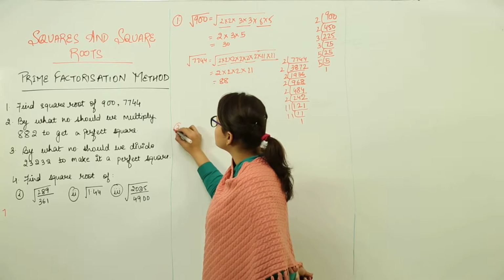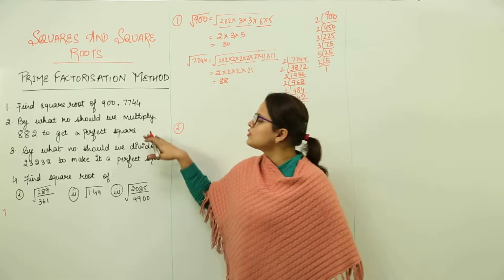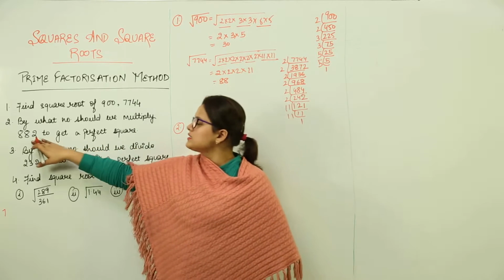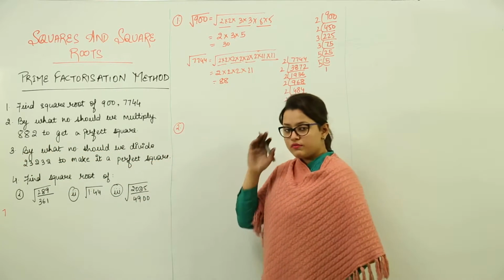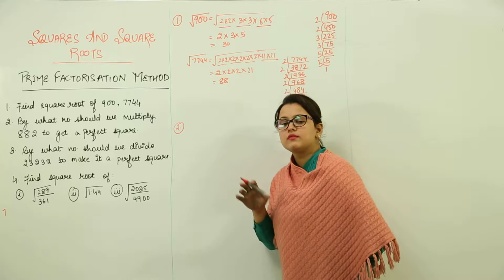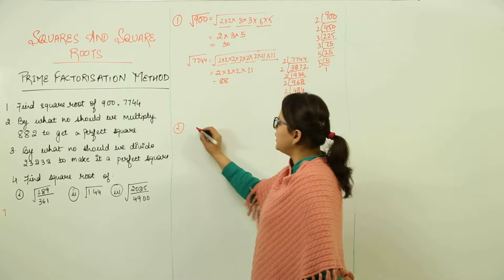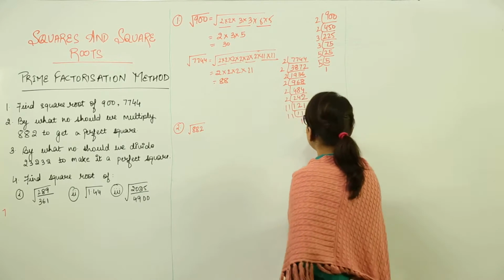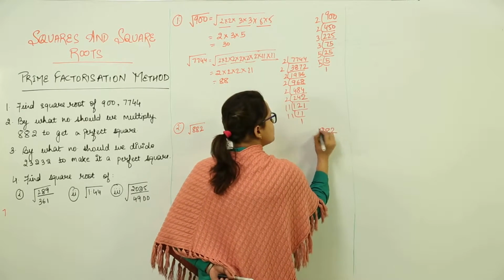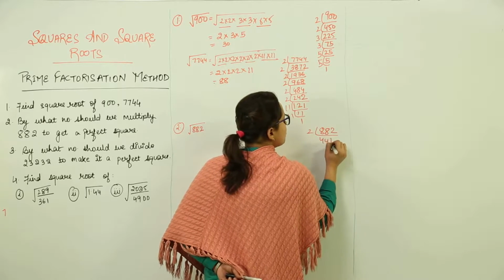Now the second question. The second question says what should we multiply with 882 to get a perfect square? Now the first thing that should come to your mind is finding the prime factors of 882. Now I am writing the prime factors of 882. Let us find them out. 2 4 4 1.